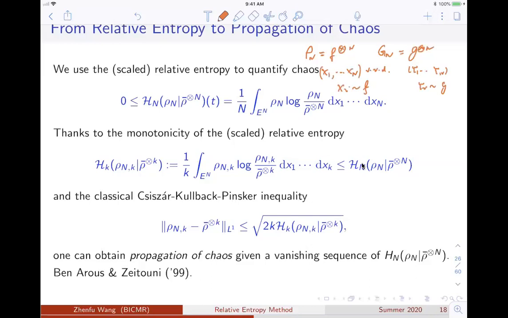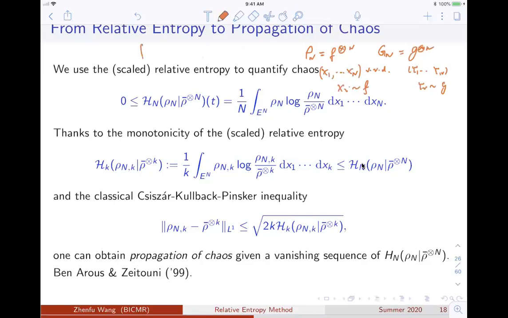So rho n and Gn can be quite far, even if F minus G is, in some sense, very close.